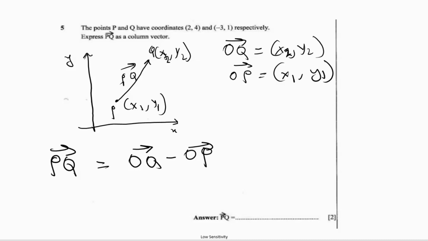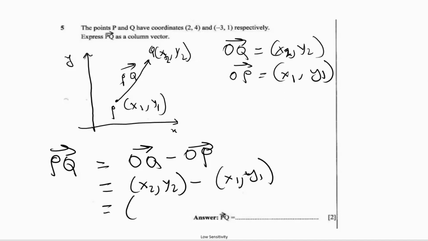So we're just subtracting the value between the origin and P. So what this means is we have x2, y2 minus x1, y1, which we can then simplify as x2 minus x1, y2 minus y1. Right, that's the simplest form we can write this in.